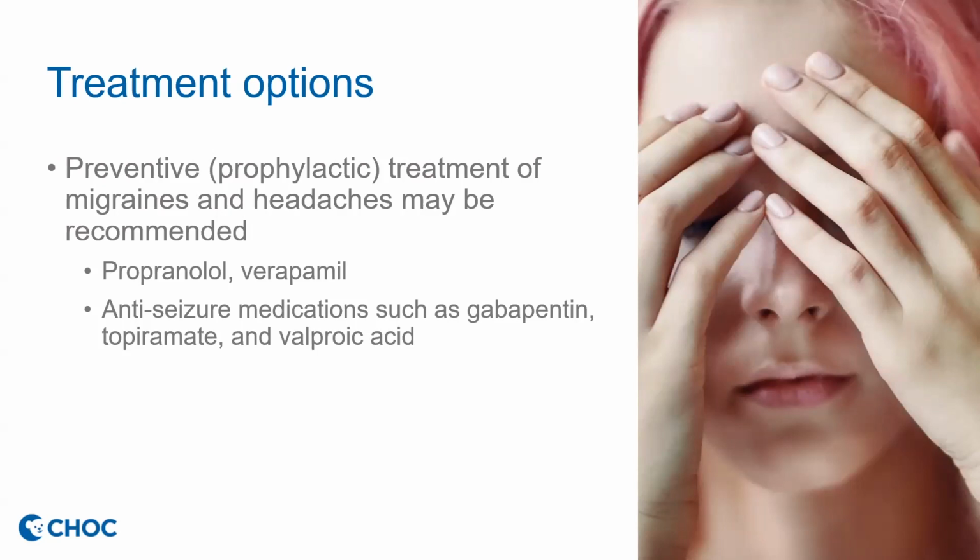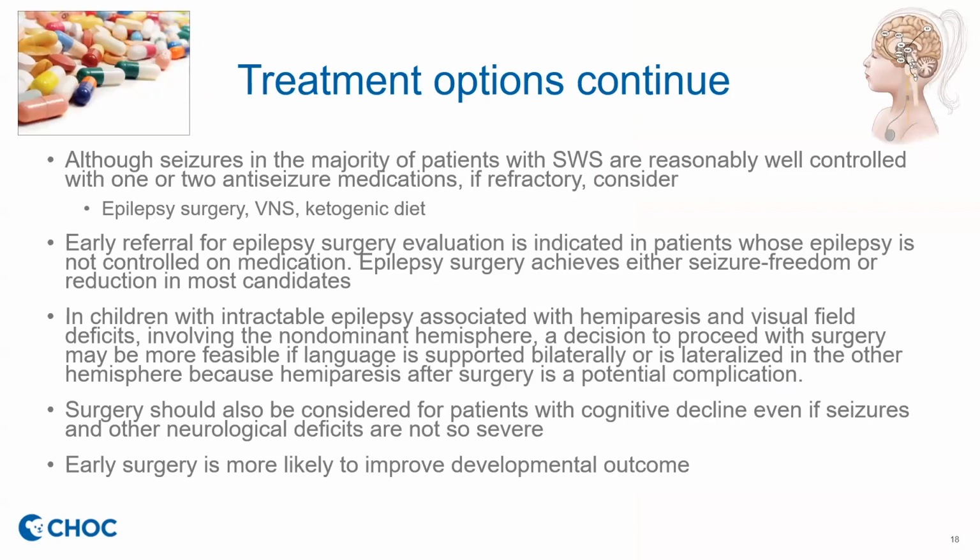One is called propranolol and one is called verapamil. But we also use anti-seizure medications like gabapentin, or Neurontin, which is the commercial name, topiramate, or some authors use valproic acid. And as I mentioned, oftentimes the patients feel like the headaches are the worst of their symptoms.